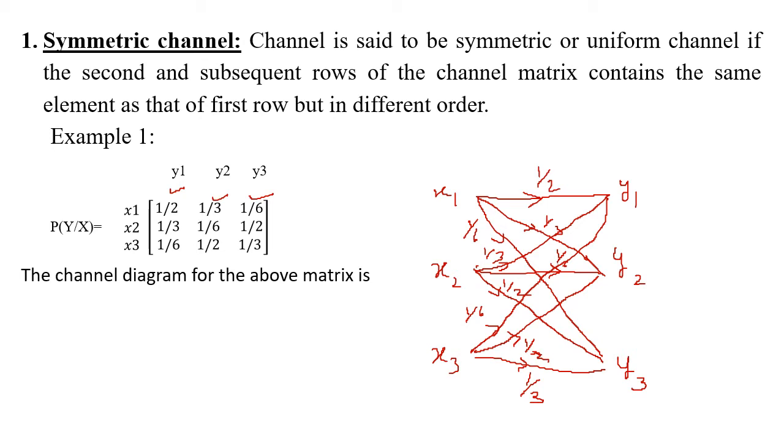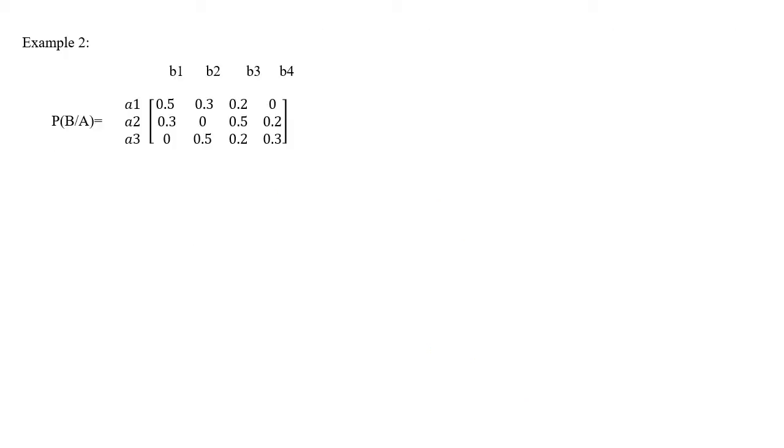One more example of a symmetric channel is given here. It is given as 0.5, 0.3, 0.2 and 0, and the same elements are repeated in the subsequent rows.